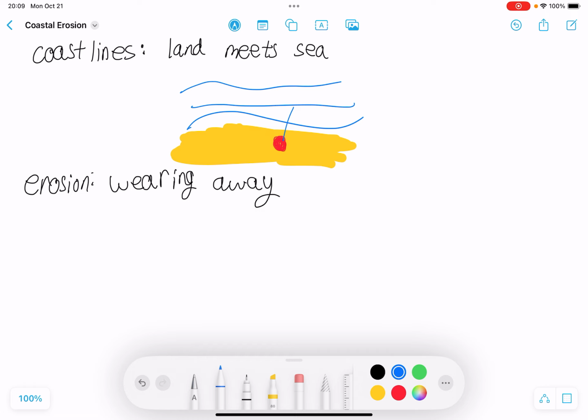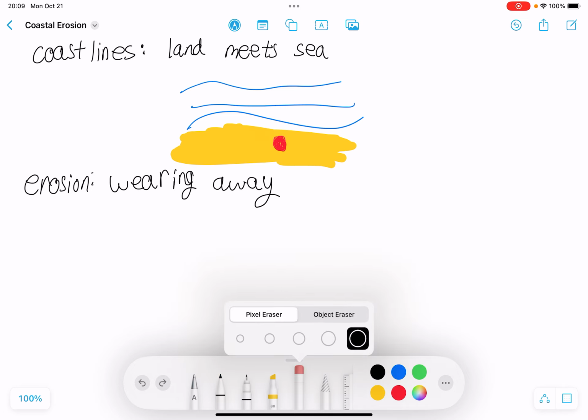Or if it's big enough to stay on the coastline consistently, the water will still slowly wear away bits of the rock, and this rock will become smaller and smaller until it's kind of gone.